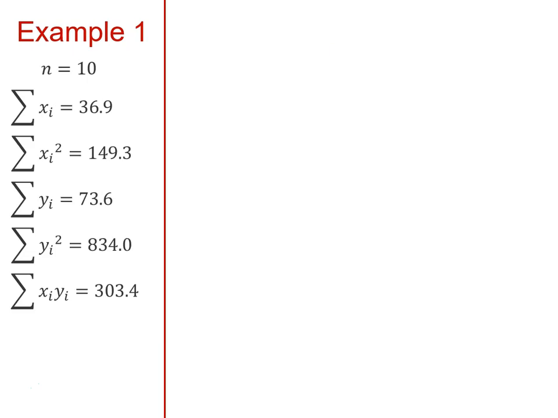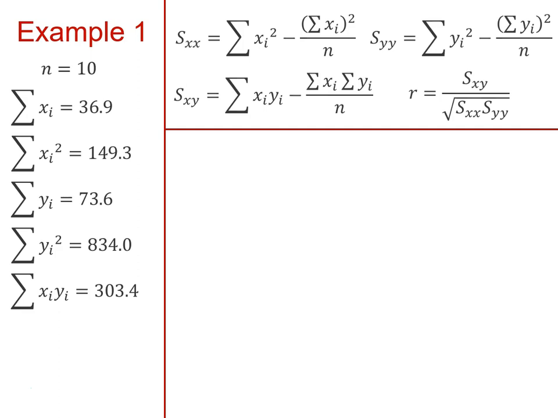So, our example again, there are all the summary statistics. Here are the formulae. So, I'm going to do Sxx first, and that is equal to the sum of all the xi squared. That's already given to us, exactly as it is. 149.3 minus, well, the sum of all the x's, those are there, so that's 36.9 squared, over n, which is given there, 10.